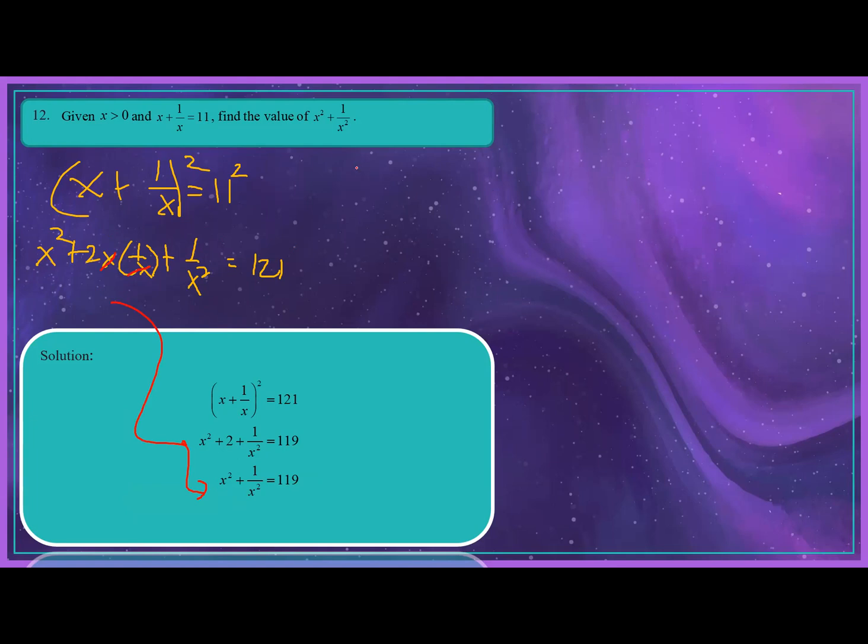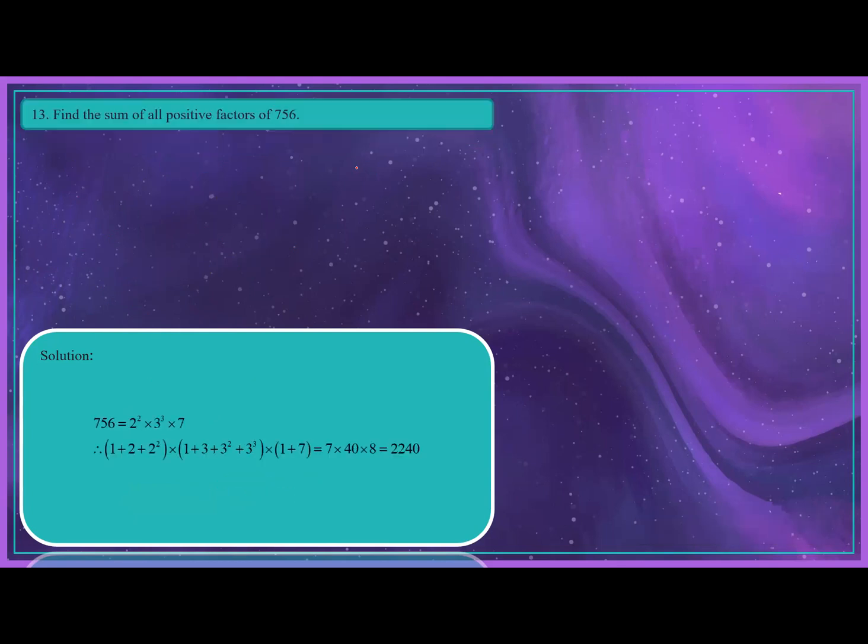Next, number 13. Find the sum of all positive factors of 756. The first thing you do is solve for the prime factors. 756 is equivalent to 2 squared times 3 squared times 7, wait, 3 cubed.